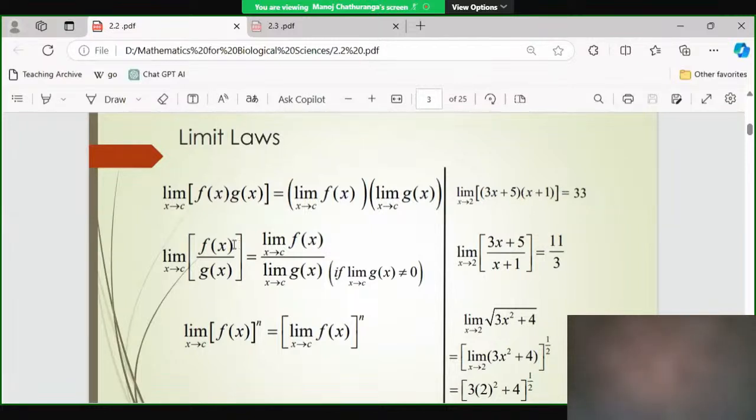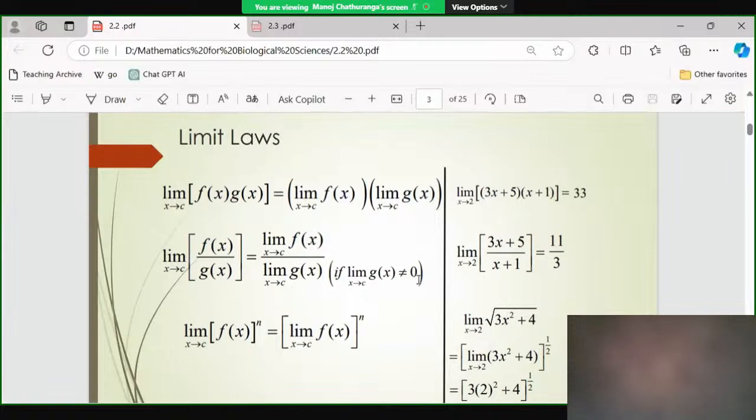Then the limit of a quotient. This is a point where you need to be careful. When you compute the limit of a quotient, you need to make sure that the denominator is non-zero. Sometimes it can be 0.